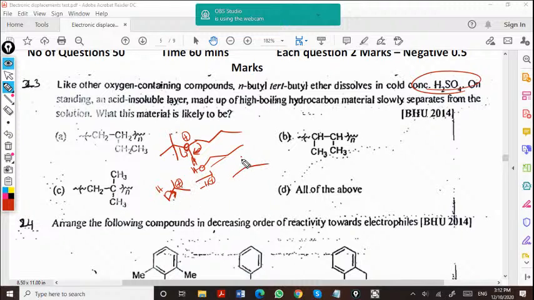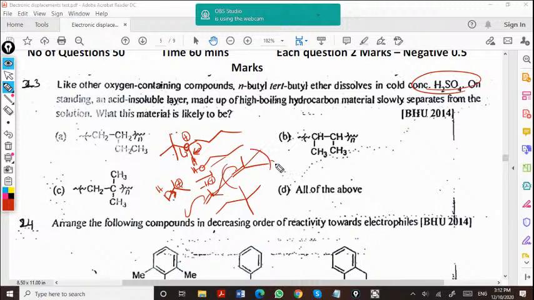So resulting in what? This olefin, if it is polymerized with another olefin, will give the molecule. This forms a bond to this, and this forms another bond.